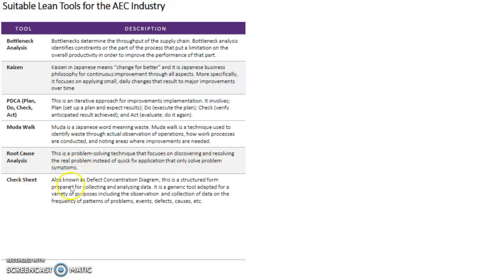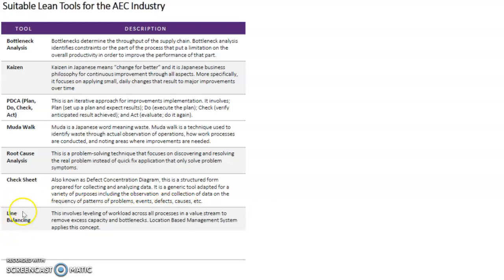Check sheets are also known as defect concentration diagram. This is a structured form prepared for collecting and analyzing data. It is a generic tool adapted for a variety of purposes, including the observation and collection of data on the frequency of patterns of problems, events, defects, causes.